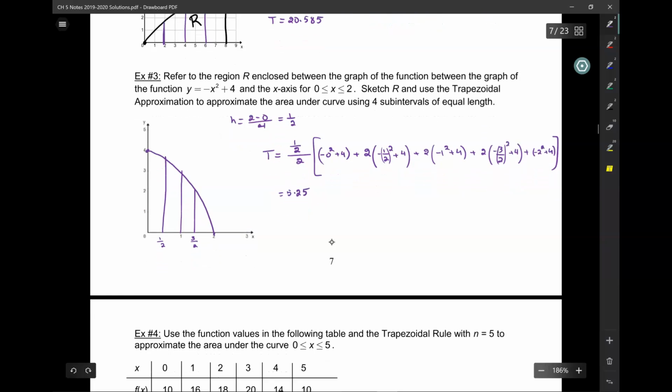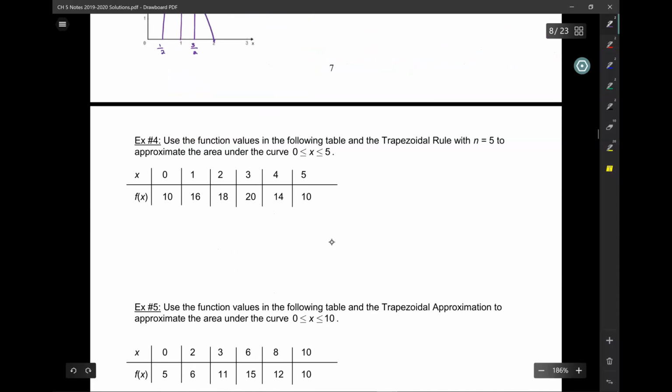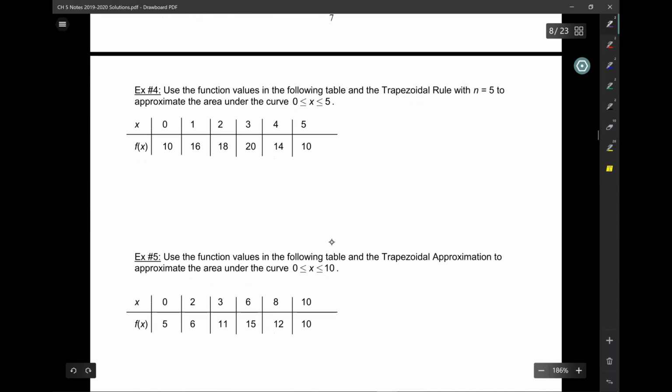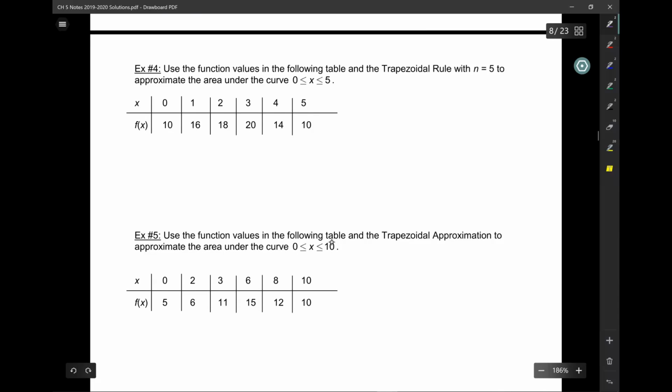Okay, just like with RAM, we could do the same thing here with a table. All right, so use the function values in the following table and the trapezoidal rule with n equals 5 to approximate the area under the curve from 0 to 5.